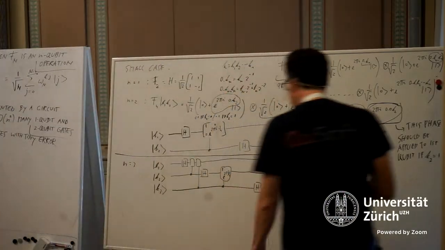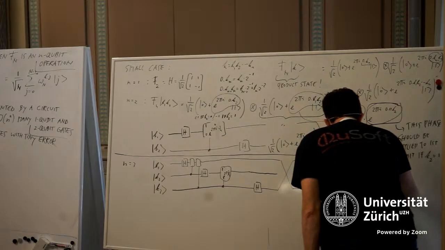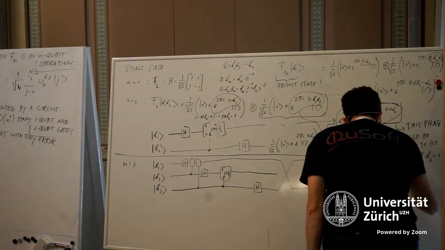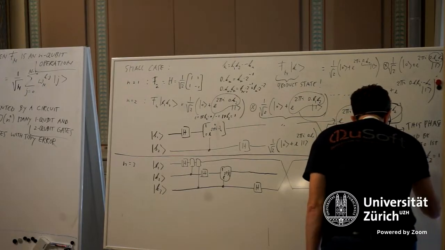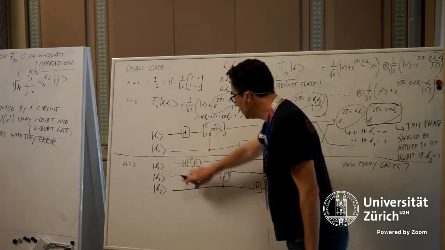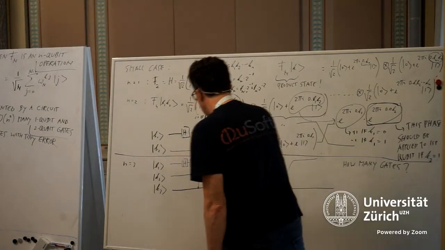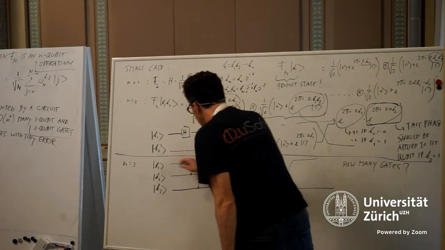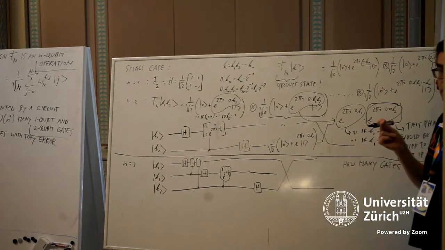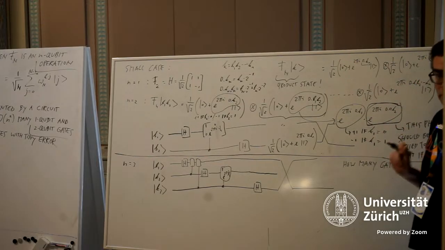And how many gates did this use? Well, there are little n qubits here, 2 in this picture, 3 in this picture, little n in general. If you understand the recursive structure, on every one of the wires we're going to apply at most little n gates, maybe even only little n minus 1, because you need to do these phase corrections only depending on earlier bits.